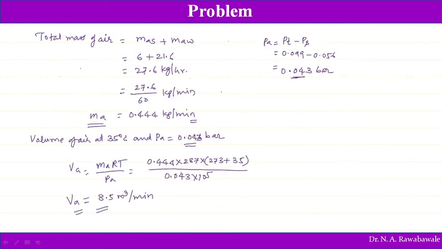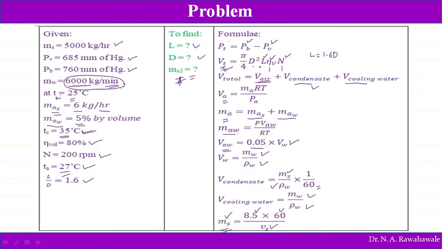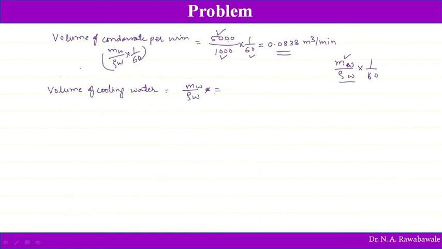So the mass of cooling water is 6000 kg per minute, divided by 1000. Here we need not multiply by 1 by 60 because this is given in kg per minute, whereas the steam was given in kg per hour, and that's why we divided that by 60. Here 1 by 60 is not required. So it is 6 meter cube per minute.